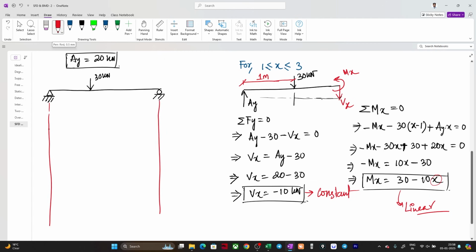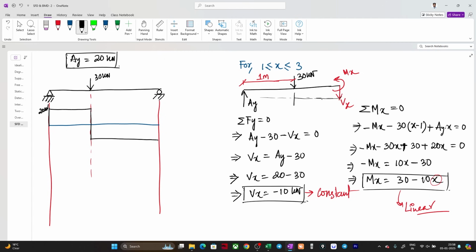Here I have 20 kilonewton, constant up to here, then it changes direction and goes constant again up to here, and it is my minus 10 kilonewton.